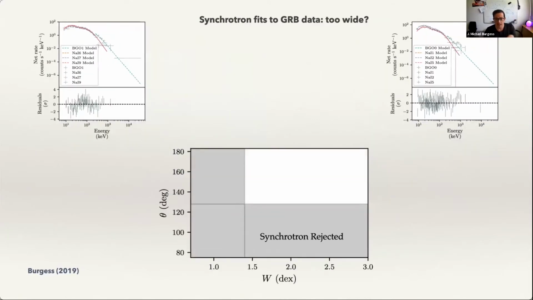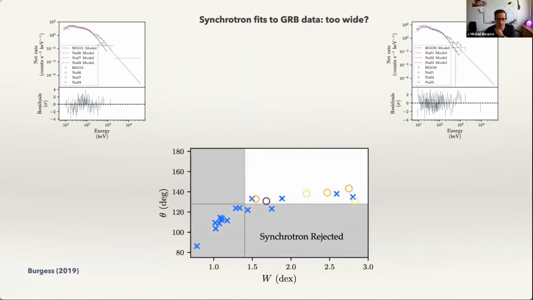If we take these width distributions, we can make this plane from the 2 different widths, with the gray areas where synchrotron would be projected. After fitting several GBM spectra, we found these circles, with their color being how good the fit is, yellow being kind of bad, black being a good fit. These were up in the region where synchrotron wouldn't be rejected.